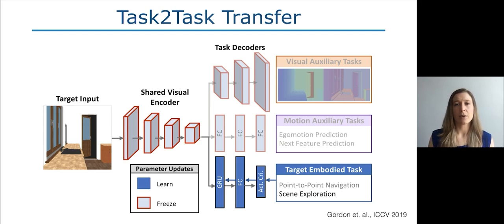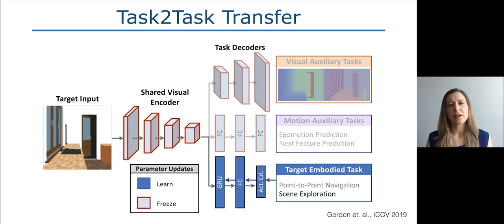Next, we can think about the converse, task-to-task transfer. In task-to-task transfer, you remain in the same simulated environment, but now are confronted with a new task to learn. So instead of point nav, maybe you need to do a task like scene exploration.